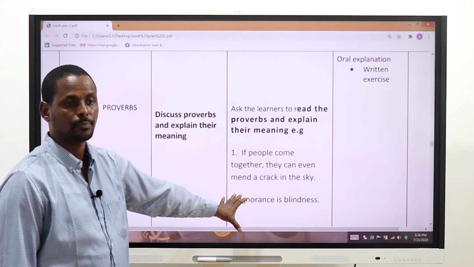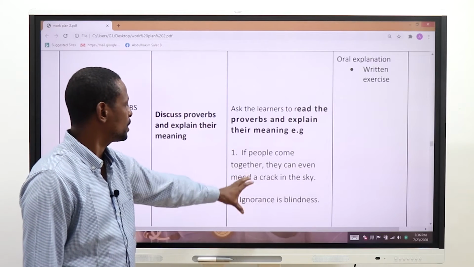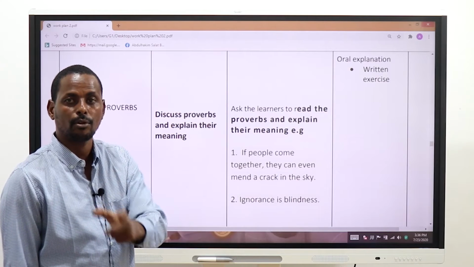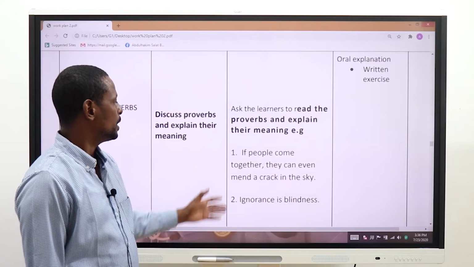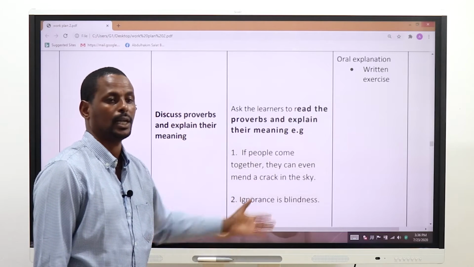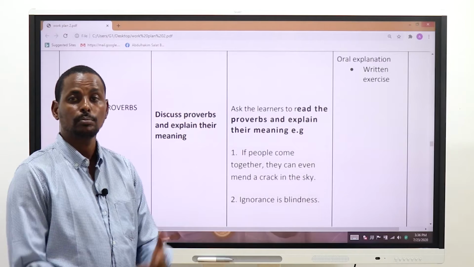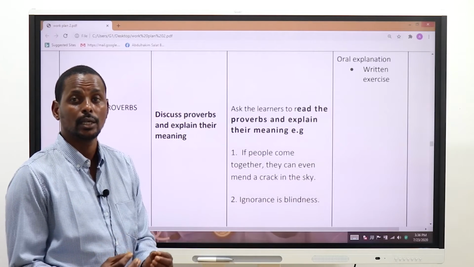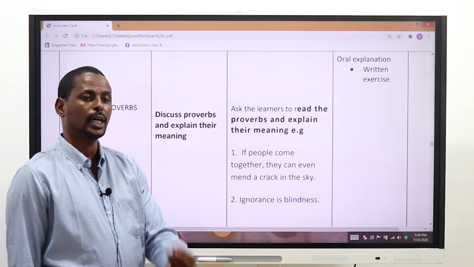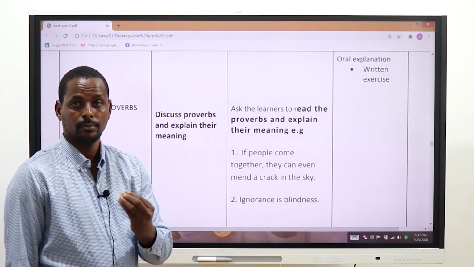What does that mean? One feature, one characteristic of a proverb, is it uses words economically. Not so many words, few words. They are few words that carry wisdom.